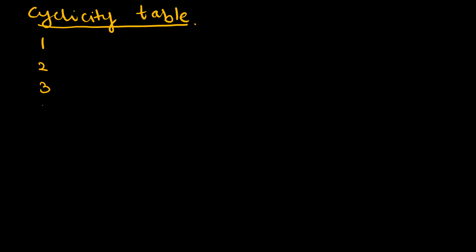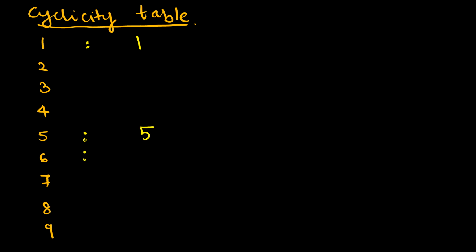So we'll summarize this concept of cyclicity using the cyclicity table. First is 1, 2, 3, 4, 5, 6, 7, 8, 9. For 1, we know that the unit digit is always equal to 1. Again for 5, the unit digit is always 5.